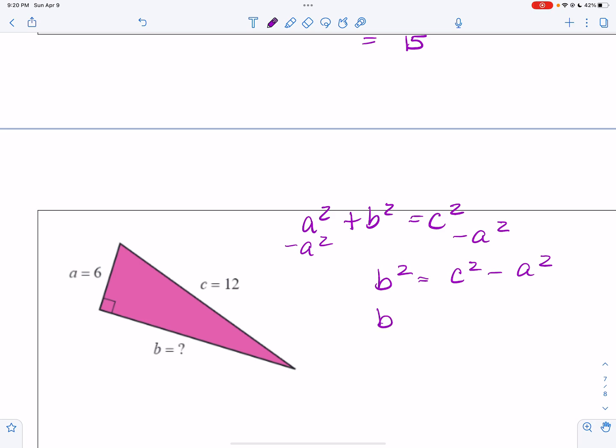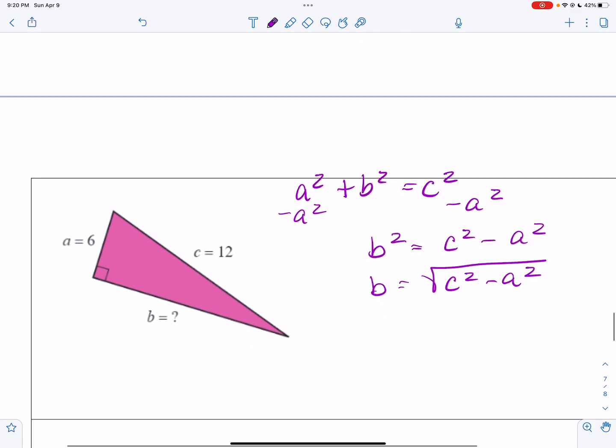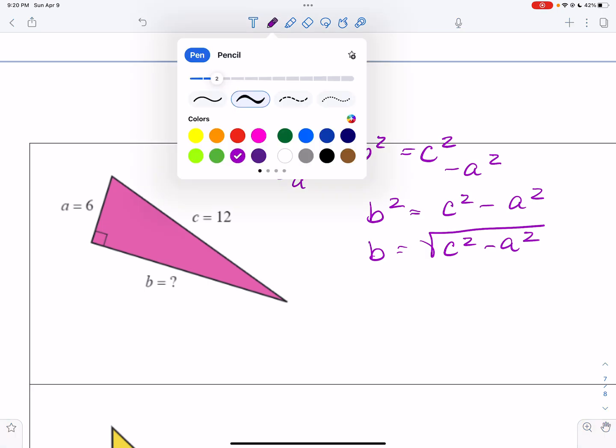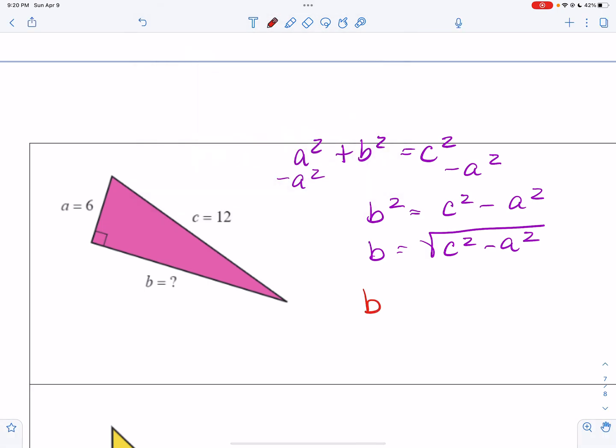And if I solve for b, which is what I want, I take the square root of both sides. So now I can plug in what I know. So b is equal to the square root of c, which is 12, so 12 squared, minus a, which is 6, so 6 squared.